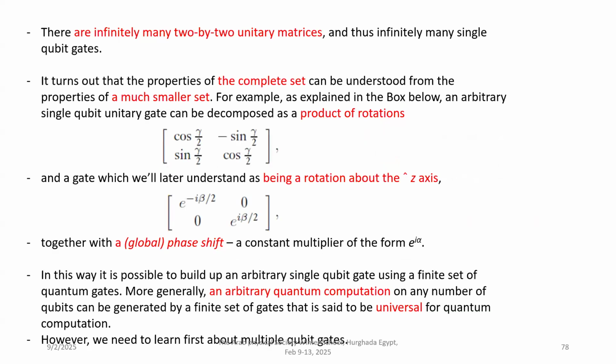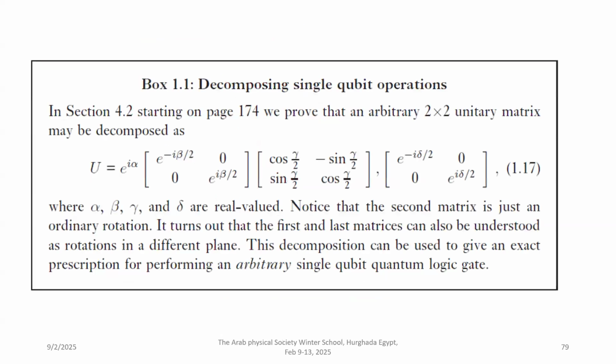As I mentioned before, you can represent your single qubit gate as rotations around the x-axis, y-axis, and z-axis in your Bloch sphere. So this is the form that you might get here, that you may represent any single qubit gate.